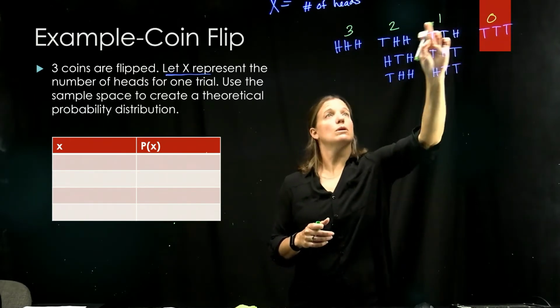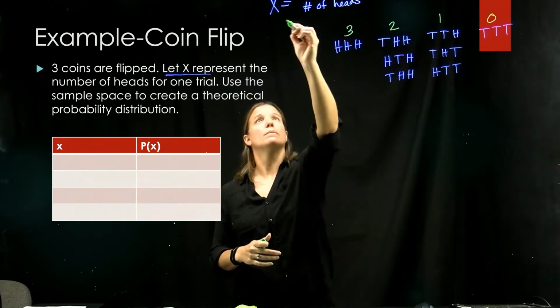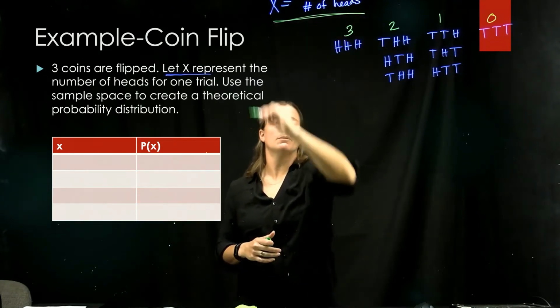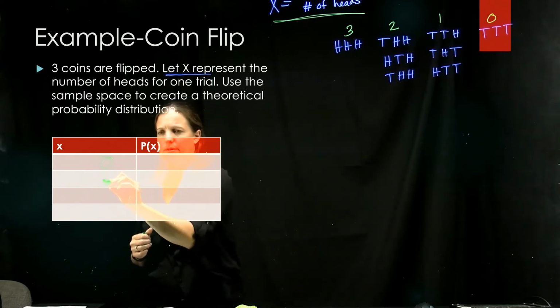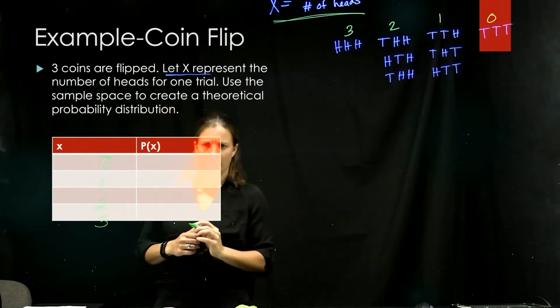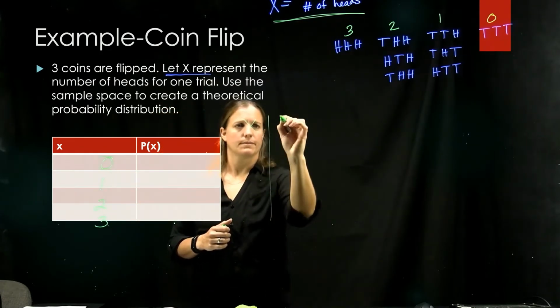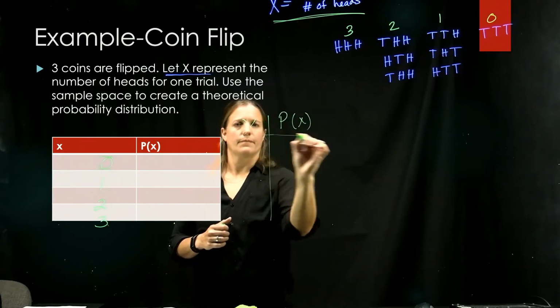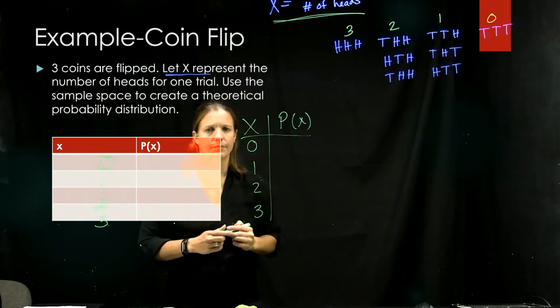So 0, 1, 2, and 3, those are going to be the x values in my column over here, because remember, my discrete random variable is the number of heads. That does not show up very well, so I am going to make my table right here. Okay, 0, 1, 2, or 3.